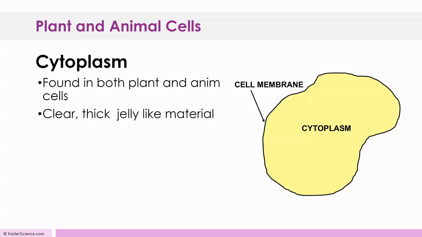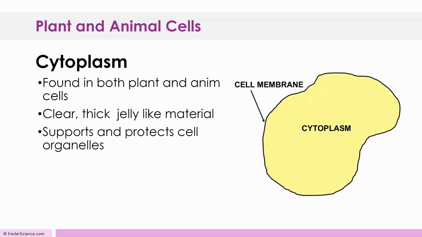It surrounds things and gives them support. I think there's a lot we don't know yet about the cytoplasm. It was always thought of as a jelly-like material, but there's actually a lot more going on in there. It's kind of like the air inside your apartment or house that surrounds everything.